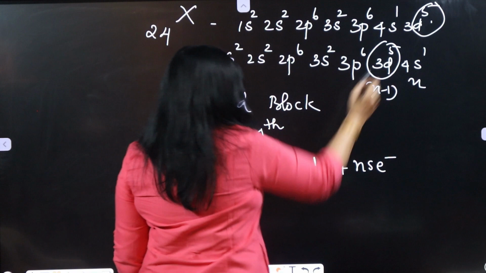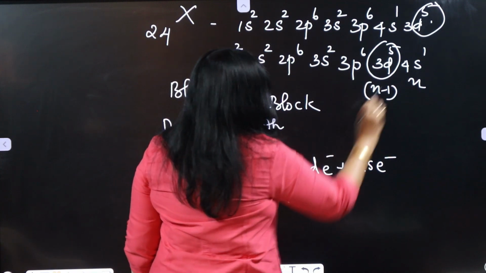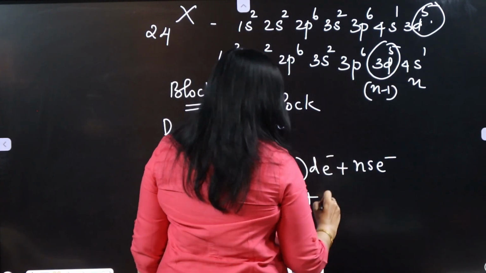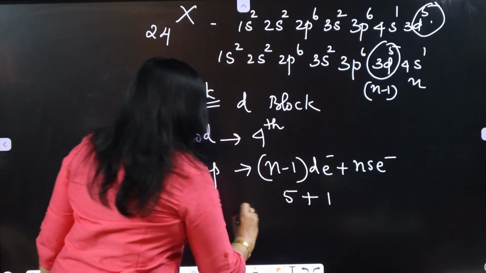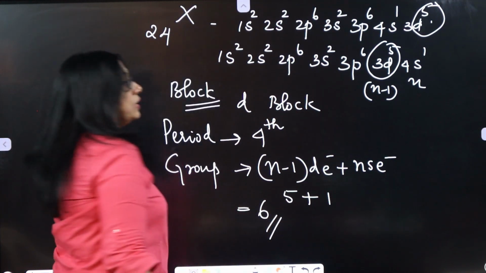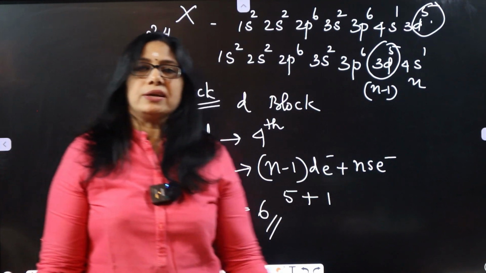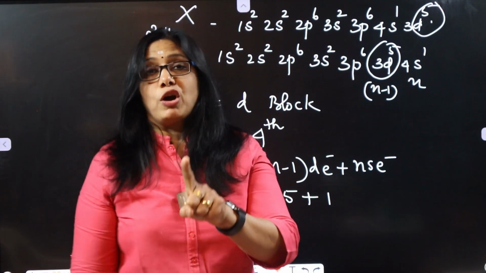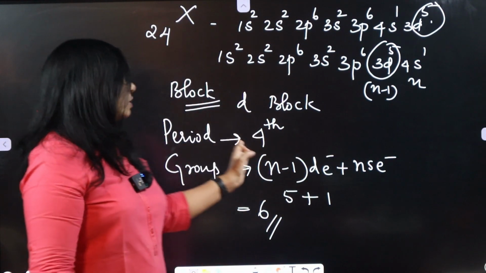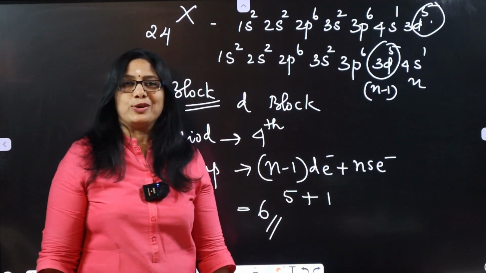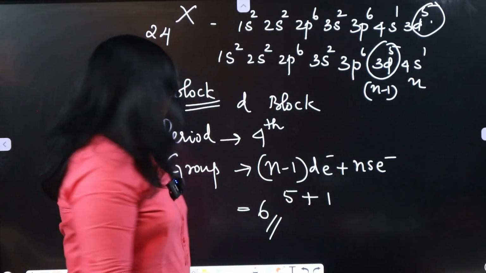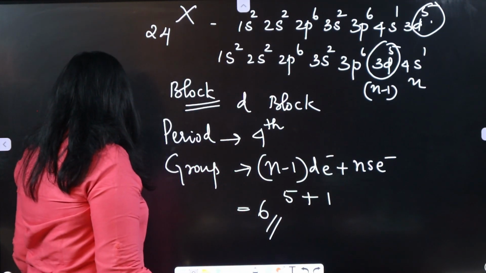So, (n-1)d has 5 electrons, and ns has 1 electron. So, it is in group 6. You know, it is chromium, you can check. It is a D block element in the fourth period and sixth group. Clear? So, we have already discussed S block, P block, and D block.